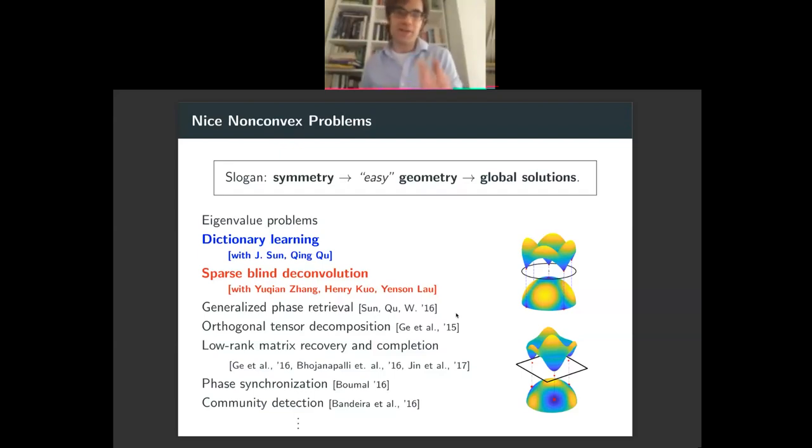In some of these highly symmetric problems, there's this nice global geometry, and as a result, you get global solutions. These are just a few examples from my students and from the field that are looking into these phenomena, mostly in simple model problems. So these are problems like dictionary learning, deconvolution, low rank recovery, phase recovery, and so on and so forth.